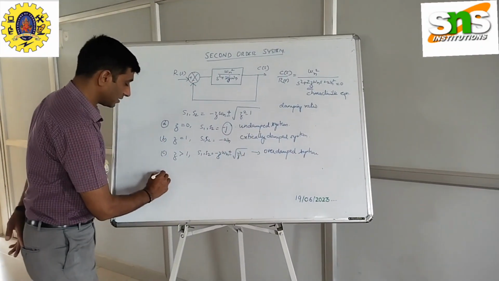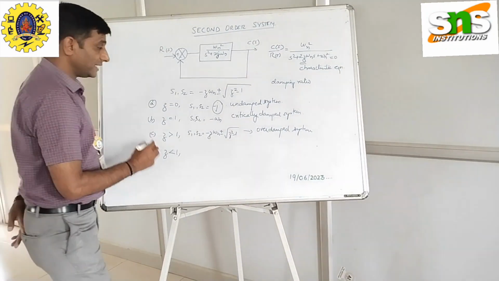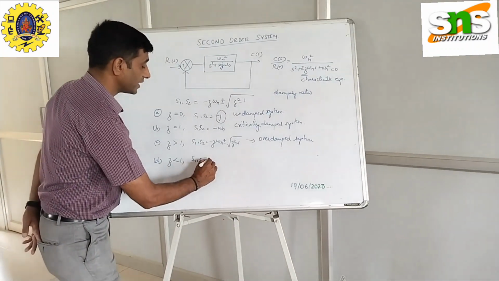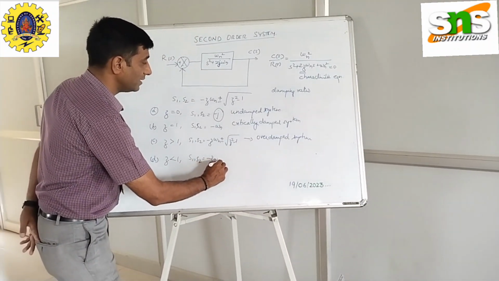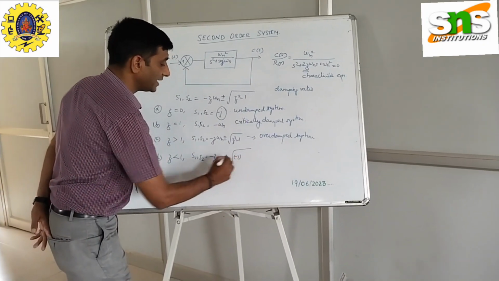And the last case, that is when zeta is lesser than 1. So when zeta is lesser than 1, this equation becomes s1, s2 is equal to minus zeta omega n plus or minus, and now I can write this equation as minus 1 taken common.